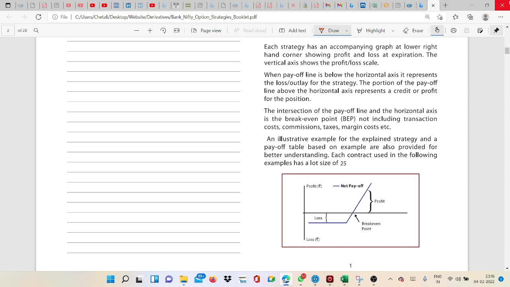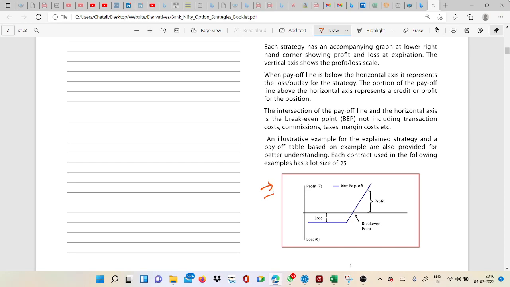So if you can see this chart, this chart will help us understand how derivative options work. The terminologies like ATM.